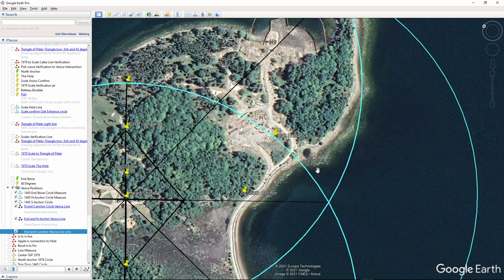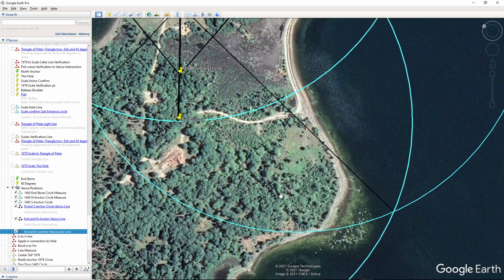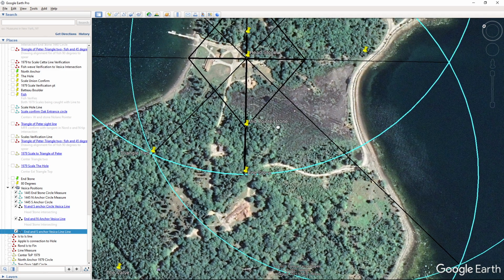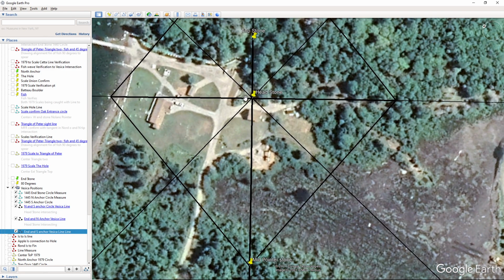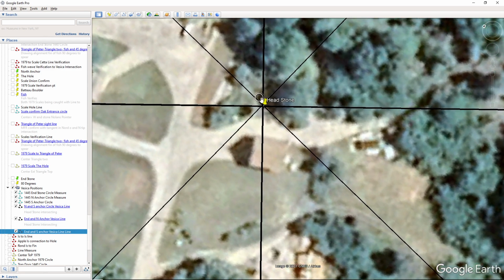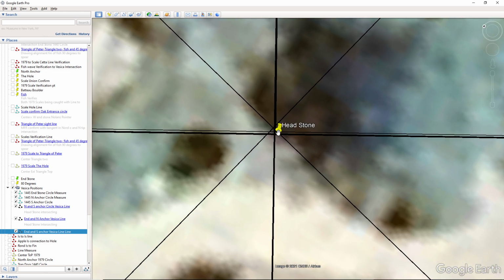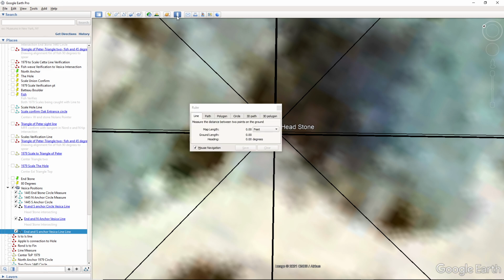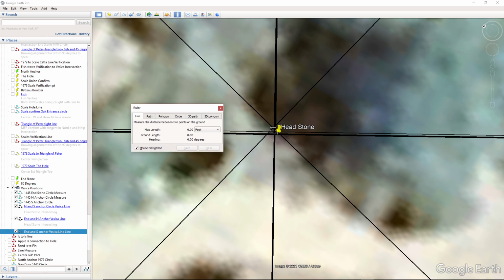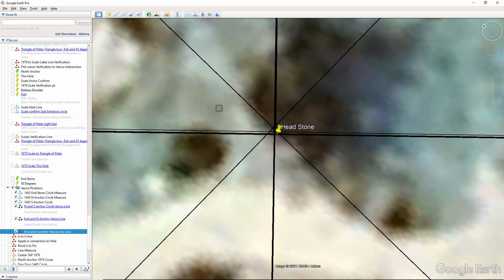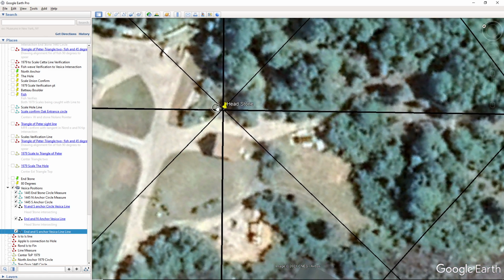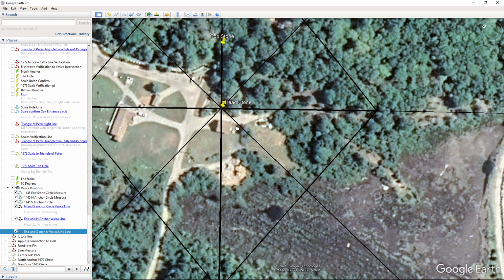They are right on. All of them are dead center. And they all cross, not perfectly, but pretty close. How close? With like 1.29 feet, in a couple of feet, they cross at the headstone.